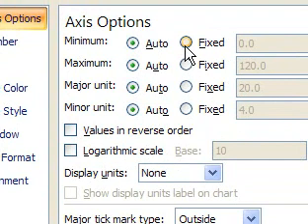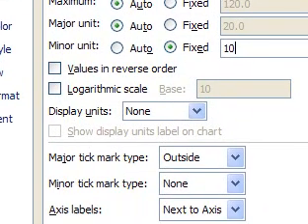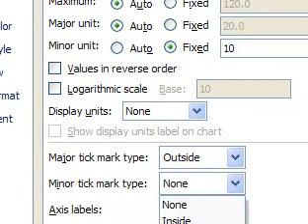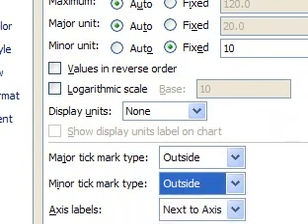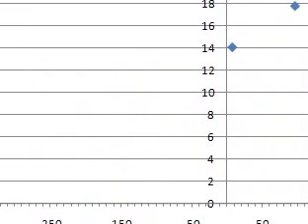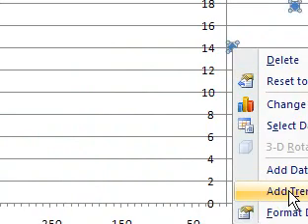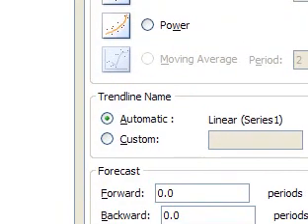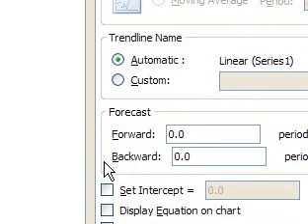I want to change the minimum to somewhere around negative 350, and the minor unit to about 10 degrees, and that should show as well on the outside. Then I put a trend line in here, it will be linear, and I display the equation on there.